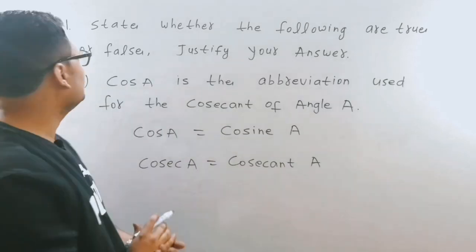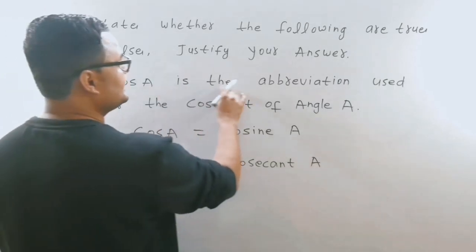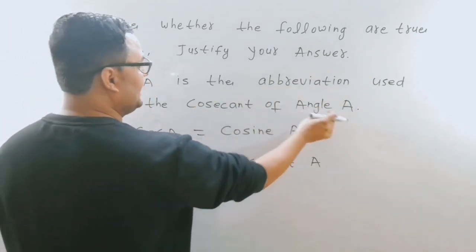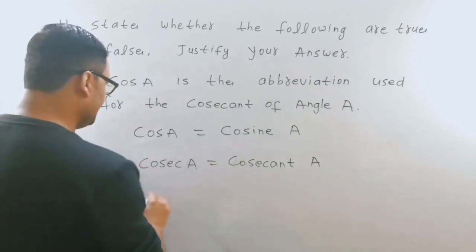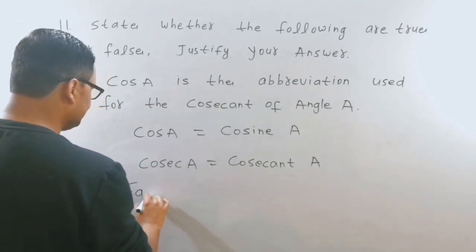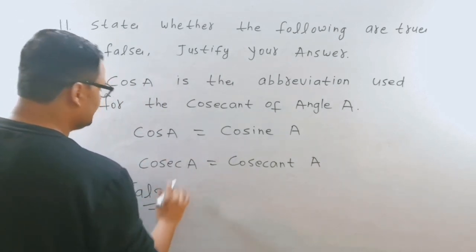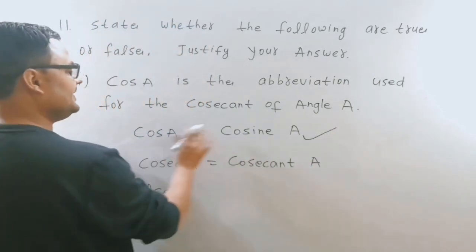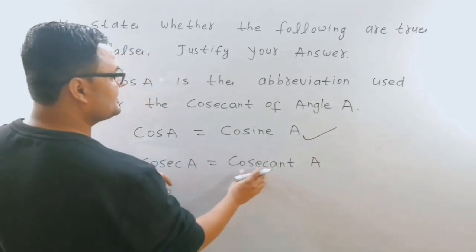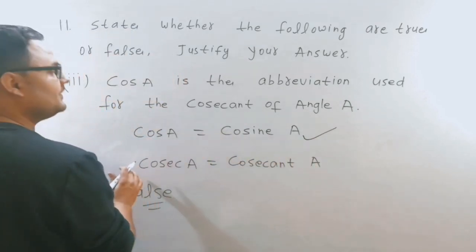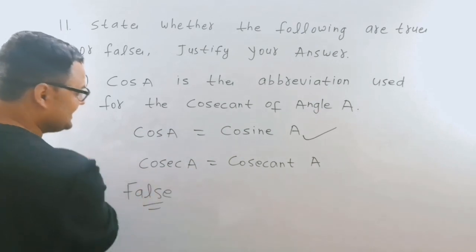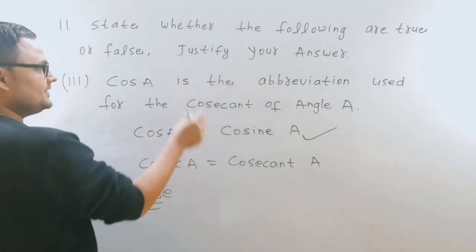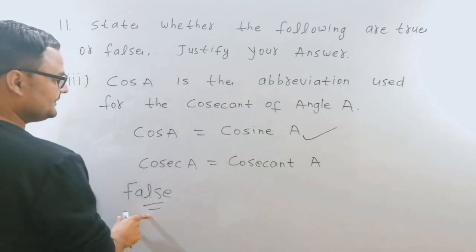Third question of 11th: cos A is the abbreviation used for the cosecant of angle A. That is false. Why is this false? Because cos A we also know by the name of cosine A. Cosecant A we also write as cosec A. So if anyone is saying cos A equals cosecant A, no, that is false.